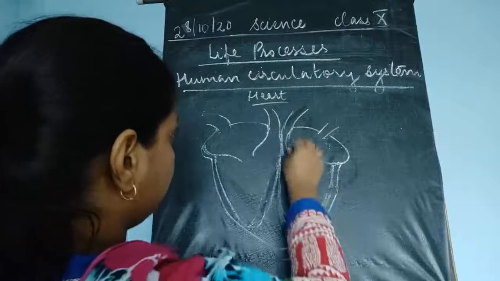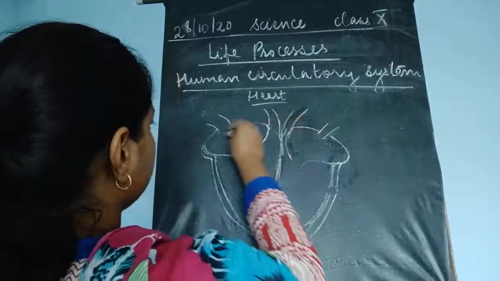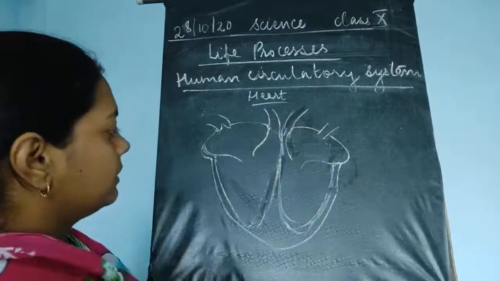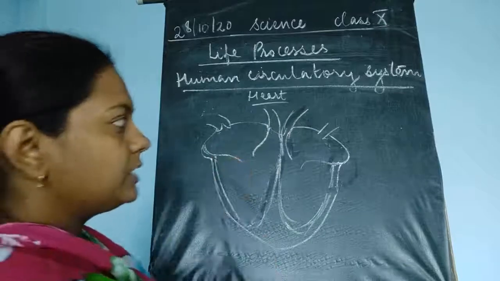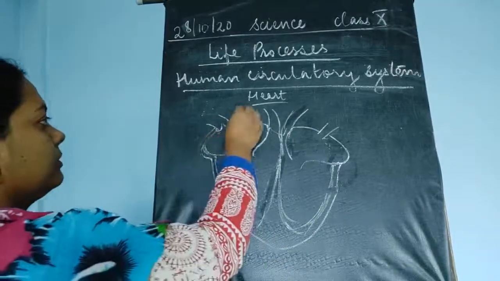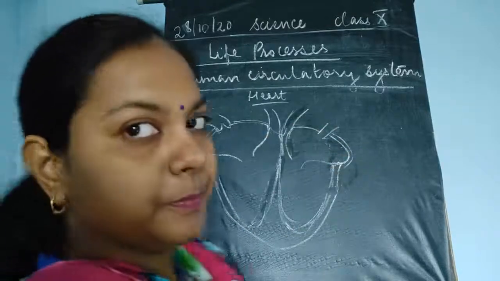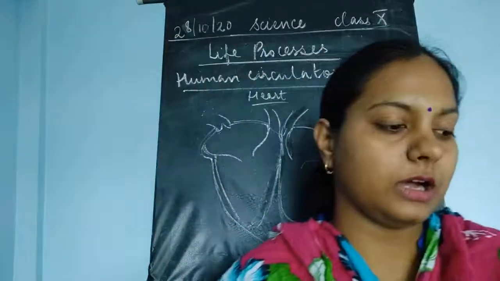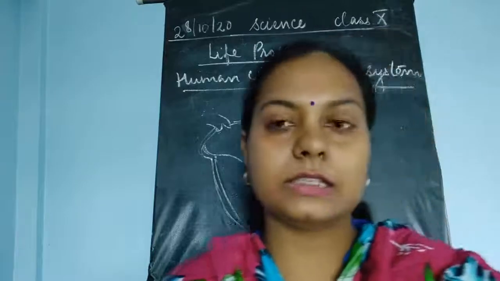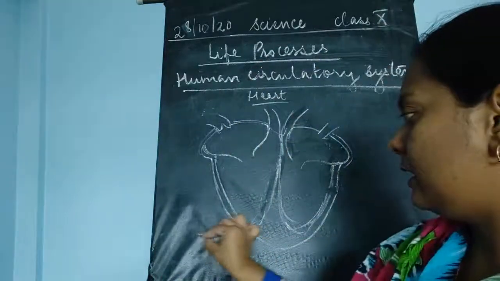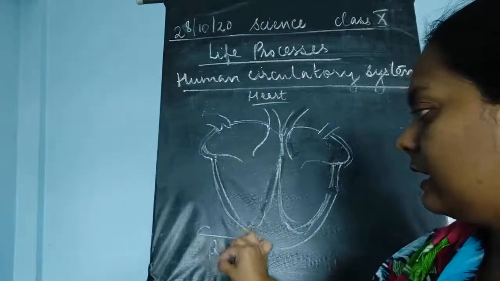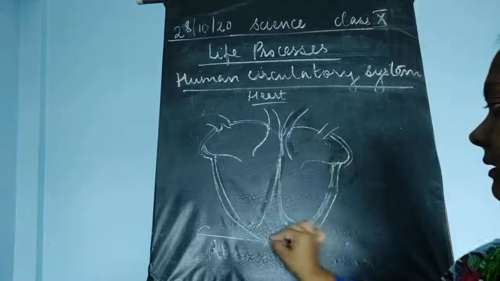So I'll be discussing the parts of the heart. This is double layered, and it is covered. So this is the structure of your heart, and this is the right side of the heart, and this is the left side.